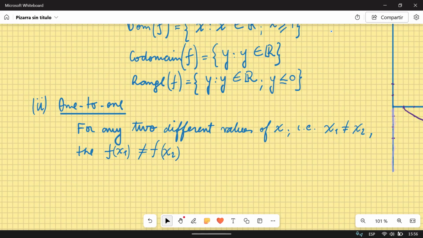And if this happens, we say that the function is one-to-one. So we tick this, the function is one-to-one.